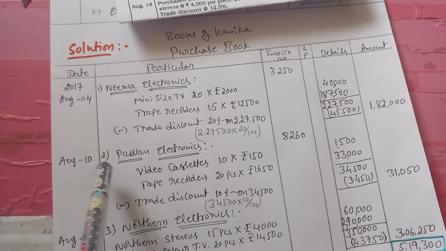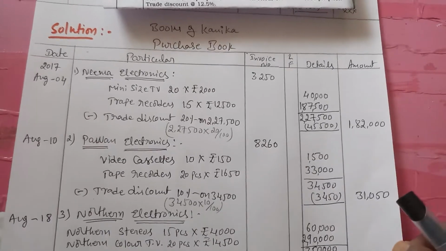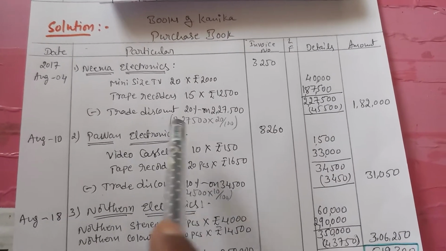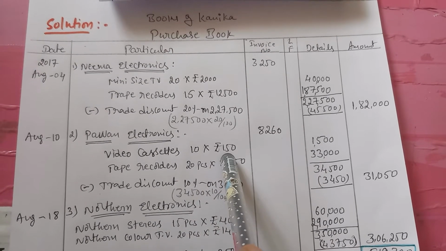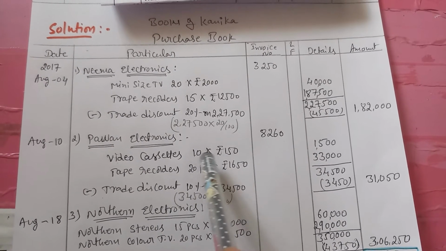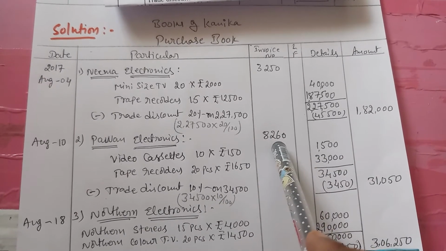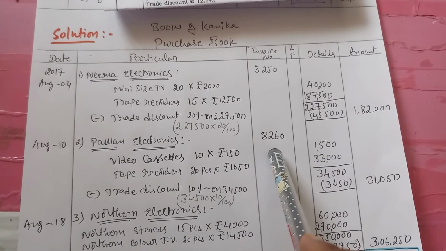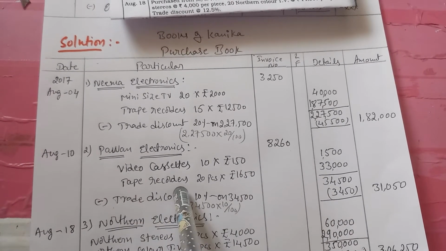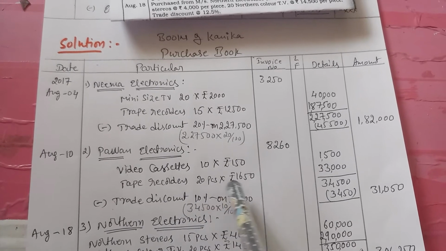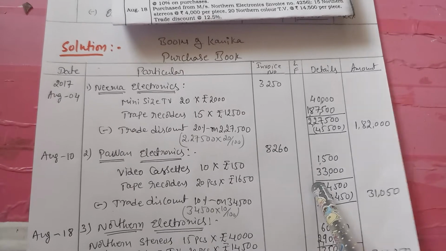See the solution here. Second one, August 10, Pawan Electronics. We purchased from Pawan Electronics video cassettes, total 10 pieces, 150 rupees per piece. We multiply both and get 1500. This is the invoice number, which was given in the problem and I have written here. Next, tape recorders, total 20 pieces, one piece 1650. Multiply and get 33,000.